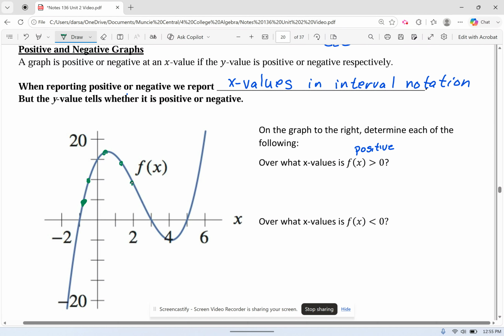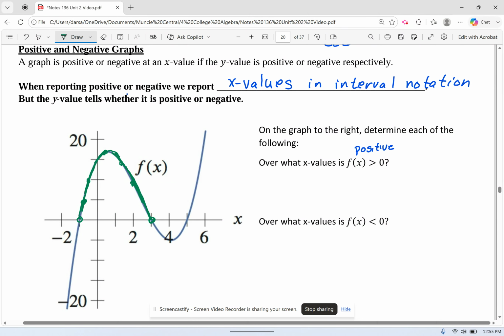And what about these y values? Are these y values all positive? Yes. So where does it start being positive? It starts being positive right here. And then all of this part of the graph has y values that are positive until we get right here, to this x where the y value is 0.